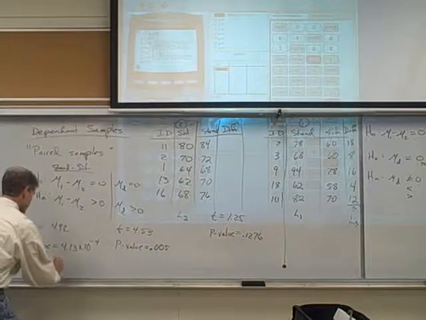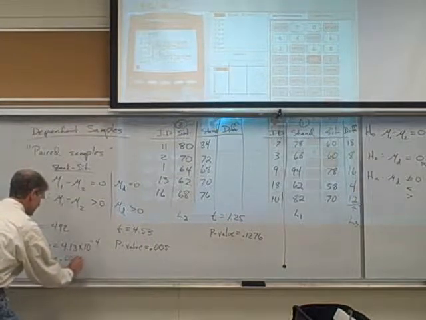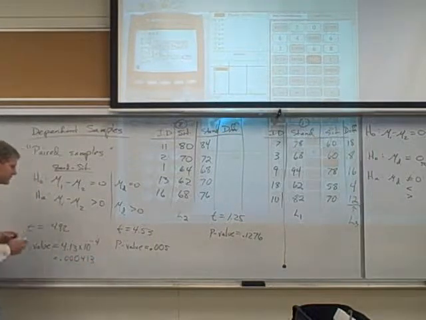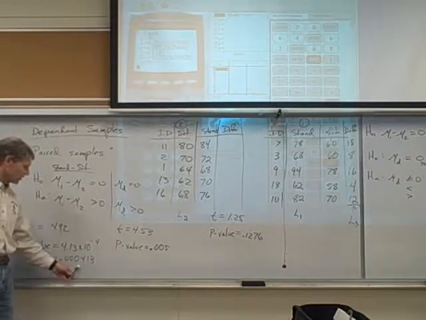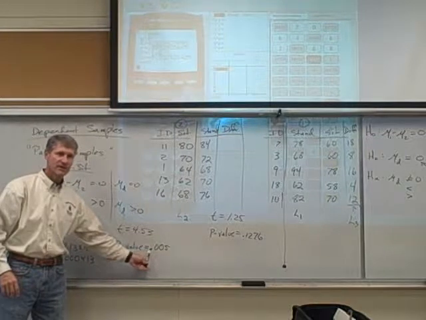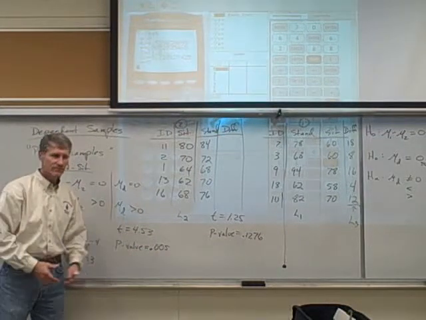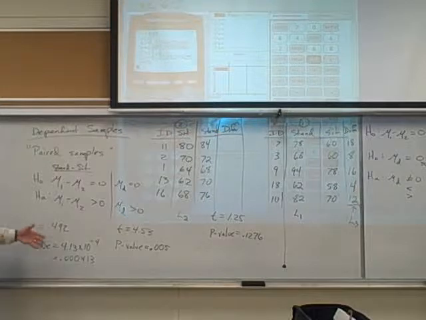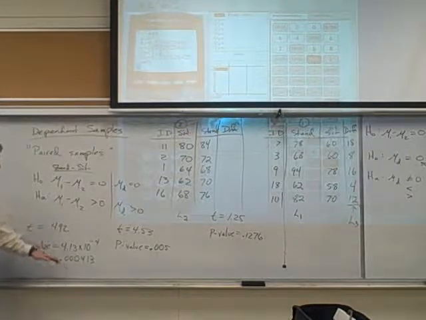So I'm going to write it out as a decimal. That's 0.000413. So it's an order of magnitude smaller than the p-value with only 5. So we doubled our number of patients and we got a 10 times smaller p-value.